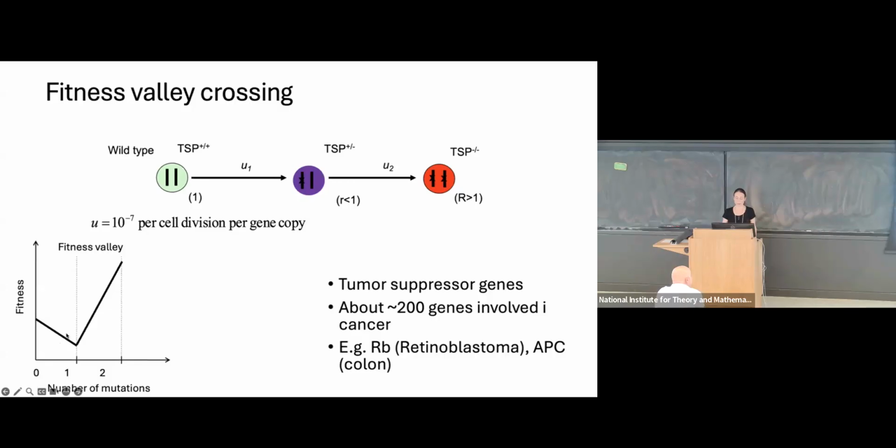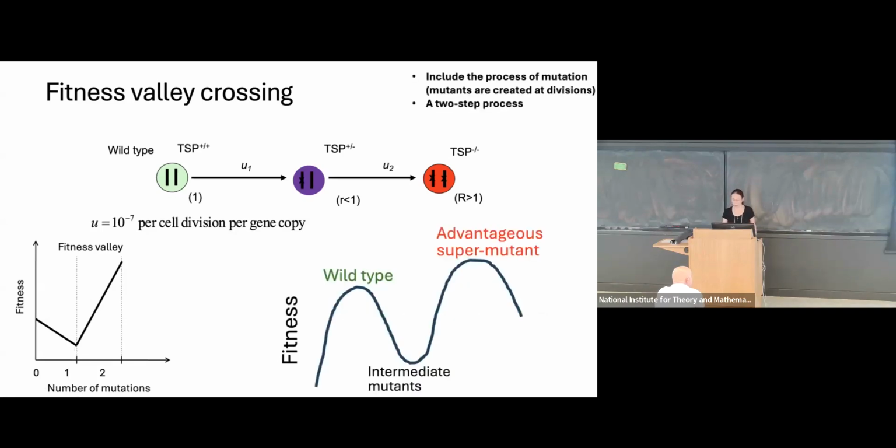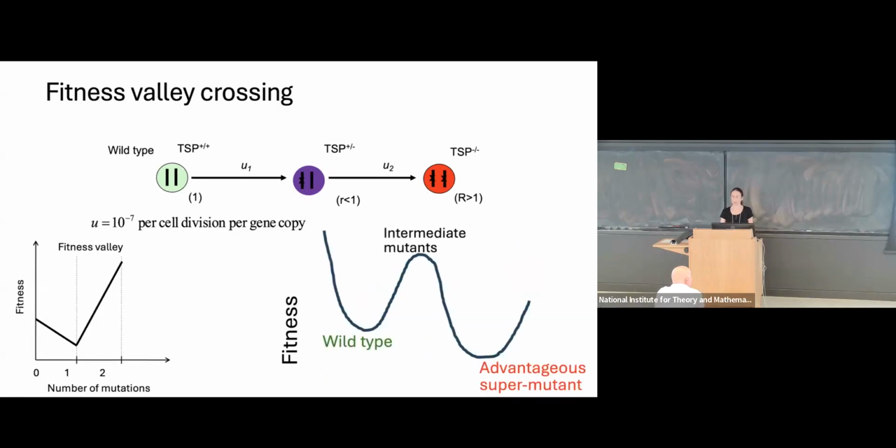So this is what we call a fitness valley crossing. To go from here to here, you go through a stage of low fitness, and that takes a longer evolutionary time. So this is fitness landscape. If you turn it upside down, and if you're a physicist, this becomes a potential barrier that you have to overcome. And you go from here to here.